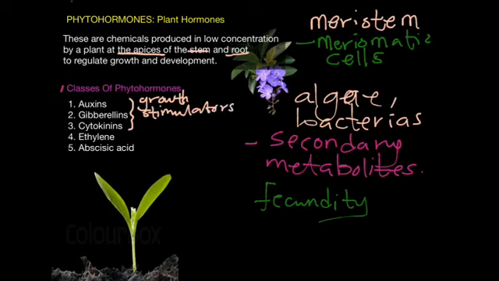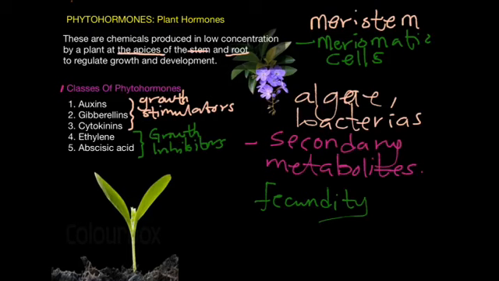And then the other two, we call them growth inhibitors. Alright, so these are the two major classes of phytohormones we have, and so they have been grouped into two, and they are five in number.